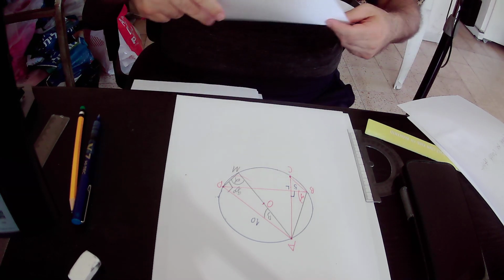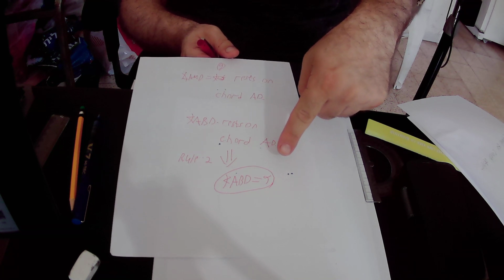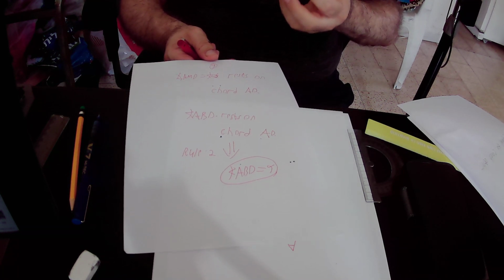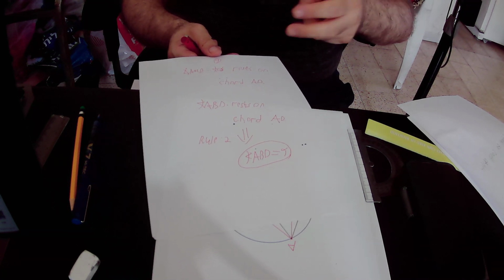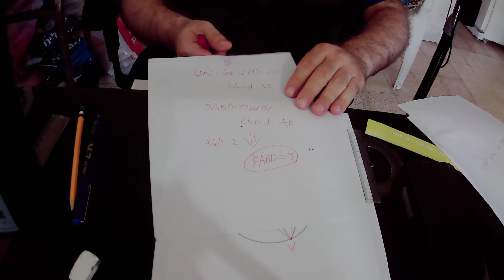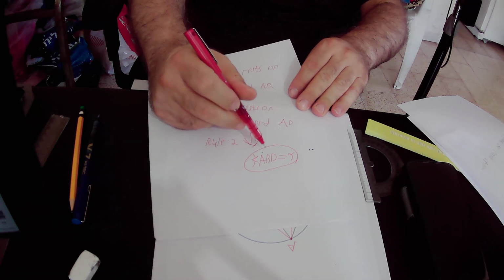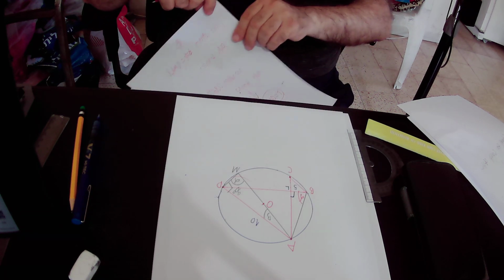So angle ABD, according to rule number 2, also equals alpha, because both angles rest on the same chord AD.